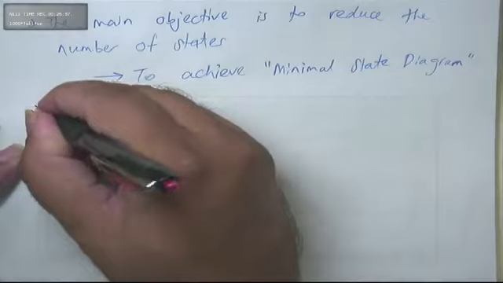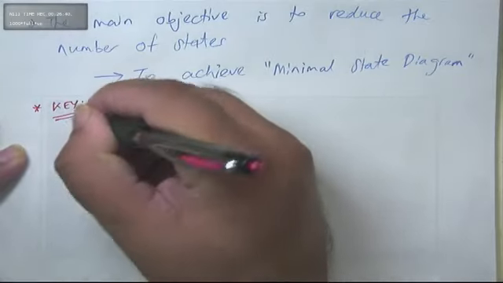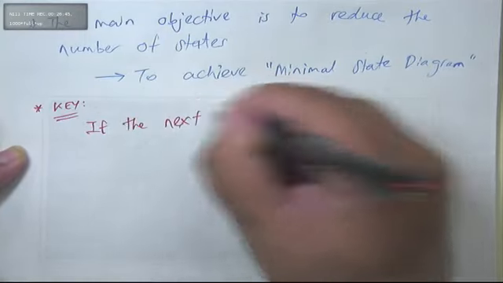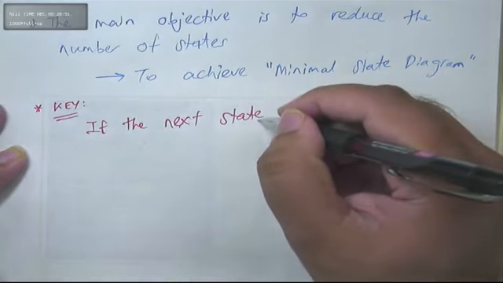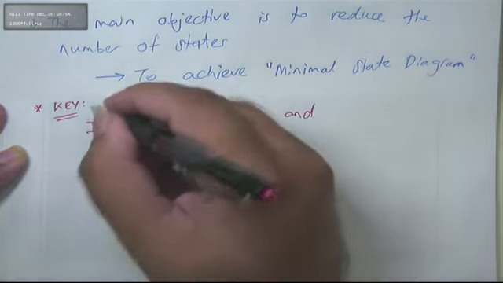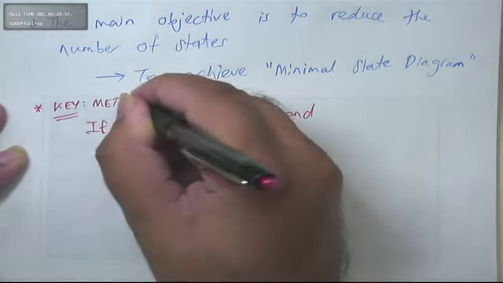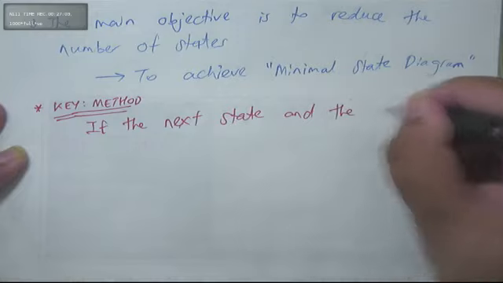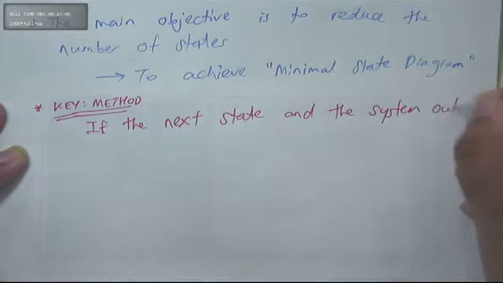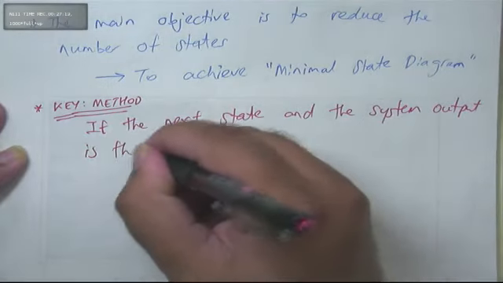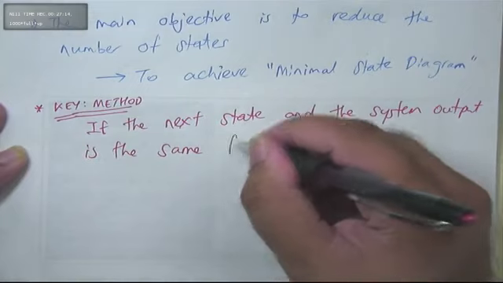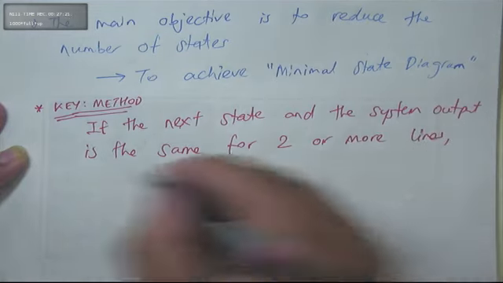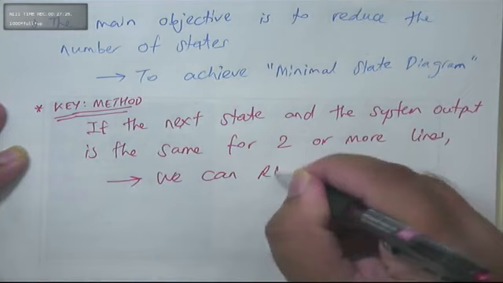The key is: if the next state and the system output are the same for 2 or more lines, then only can we reduce.